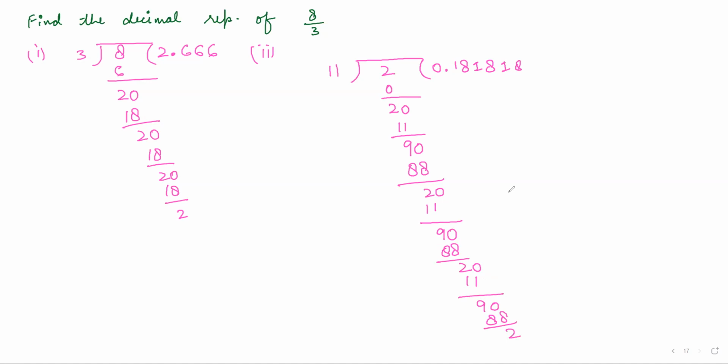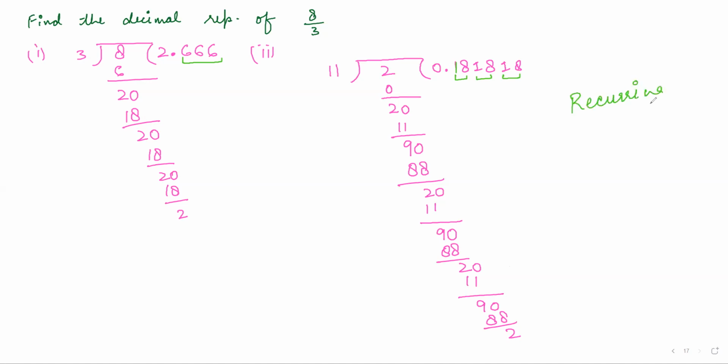So you have seen a different pattern this time. Earlier, 6666 was repeating. Now there is a pair like 1 8 1 8 1 8. So there's a repeating pattern here. So this is called recurring.